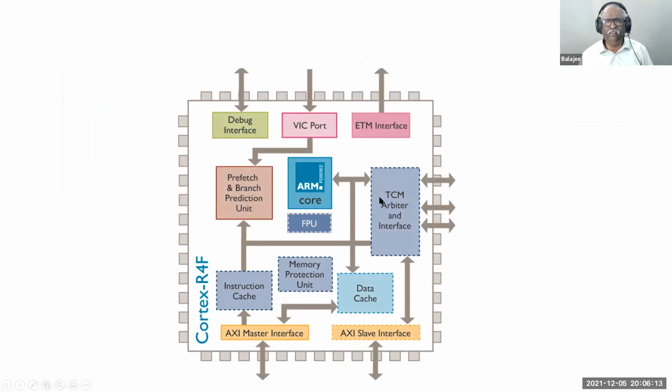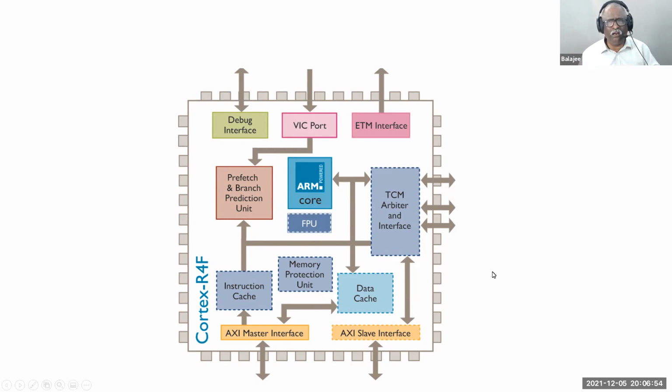This TCM, tightly coupled memory, was available only on the Cortex-R series. Instruction cache, data cache, AXI master, AXI slave, all these things were available only in the Cortex-R series. They were not available in the Cortex-M series previously. Now, with the introduction of these things in the M series, M7, there's a slight overlap of M and R.